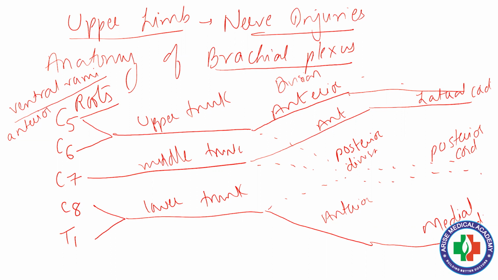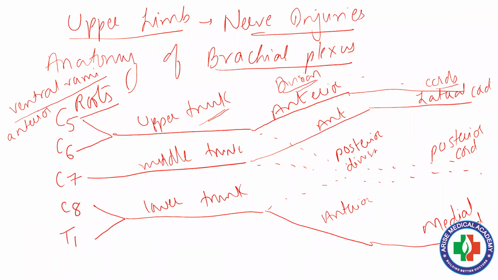Once again, brachial plexus is divided into roots, trunks, divisions, cords, and then we get branches. The roots of the brachial plexus are the ventral rami or anterior rami of C5 to T1 spinal segments. C5, C6 unite and form the upper trunk. C7 single is the middle trunk.